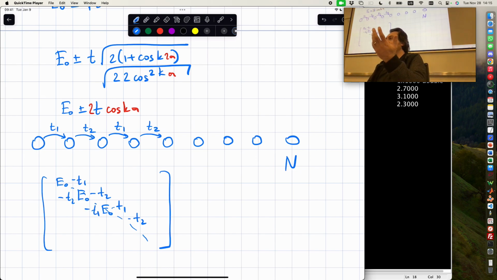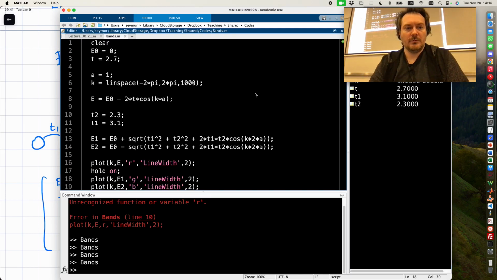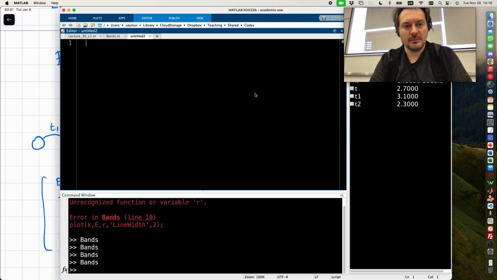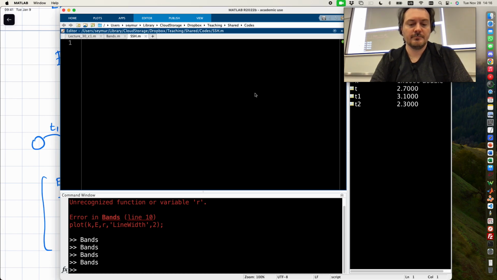Seems pretty simple. Just make this and then find the eigenvalues and eigenvectors. Okay? New. Save it as SSH. Clear.